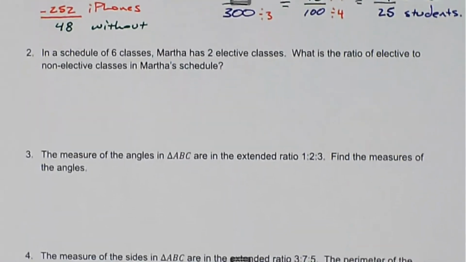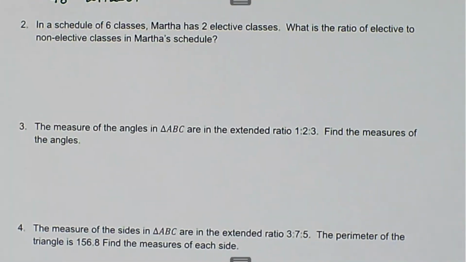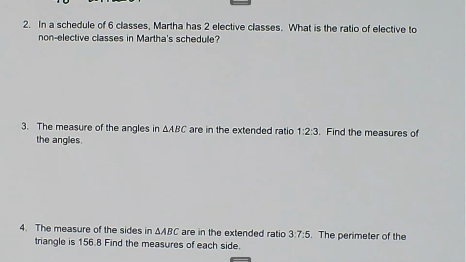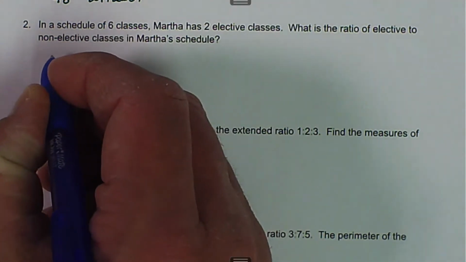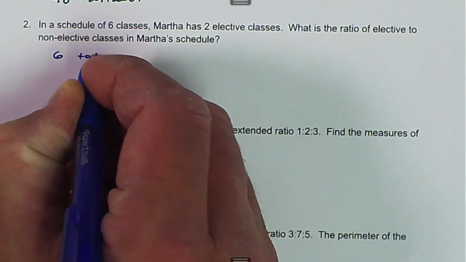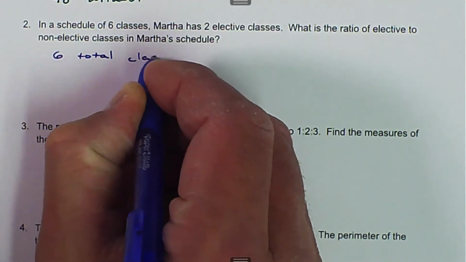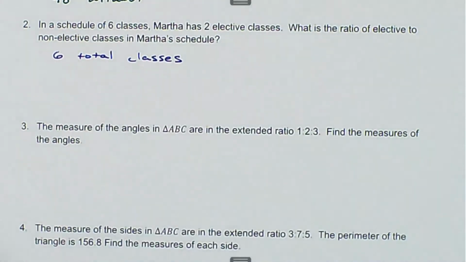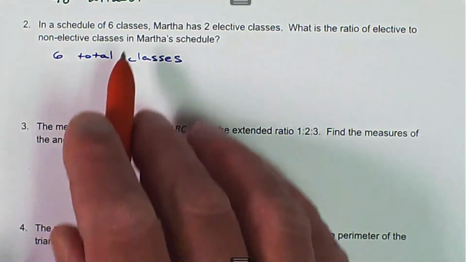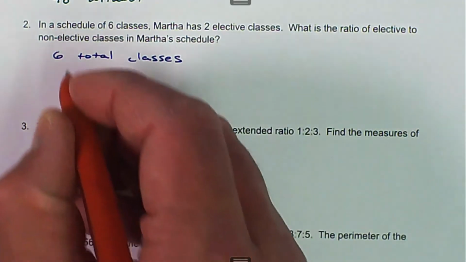Our next example here. In a schedule of 6 classes, Martha has 2 elective classes. What is the ratio of elective to non-elective classes in Martha's schedule? So again, we have 6 total classes, and Martha has 2 elective classes.